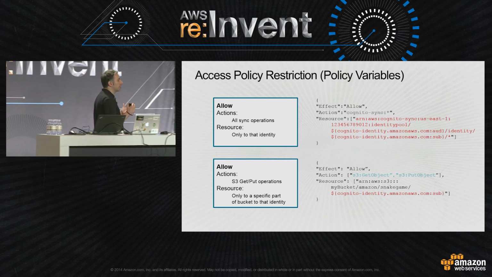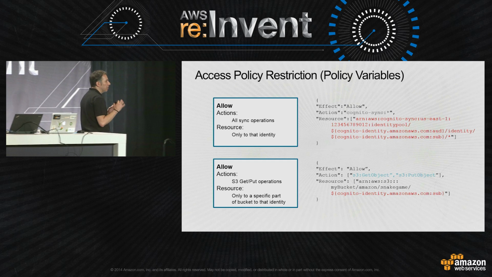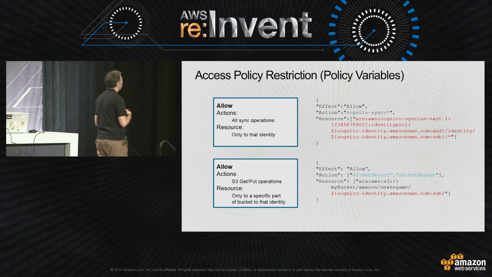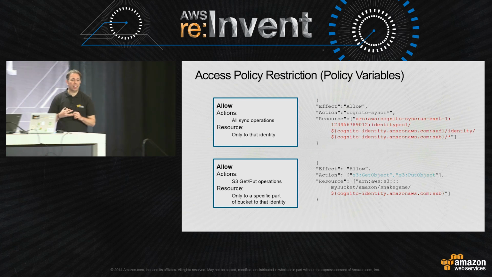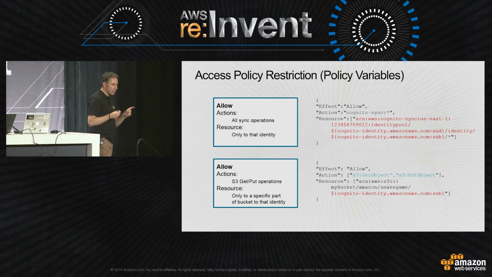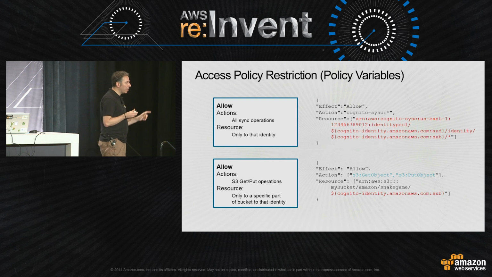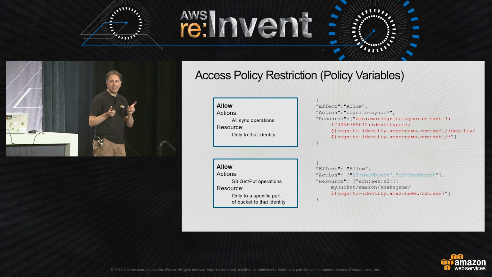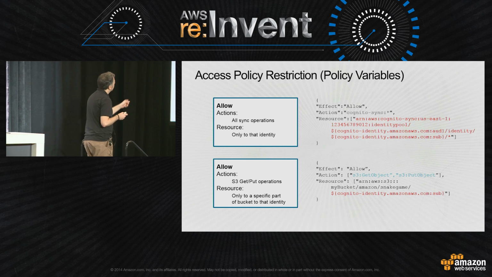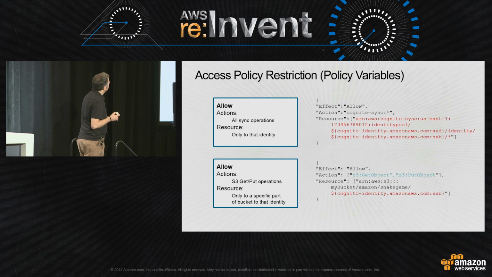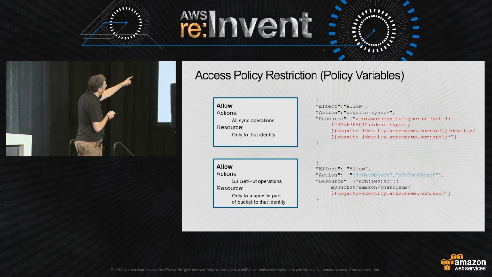And this is the final example. That is probably the real one that we will use in an application that is using policy variables. Policy variables are really powerful because they can replace inside a security policy the unique identity ID that Cognito gives you, and also the authentication scheme. So the first rule, this is an example of a fine-grained access control for Cognito Sync, will tell that you can synchronize only a specific identity pool.